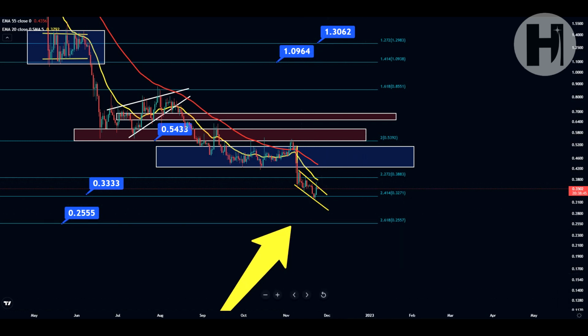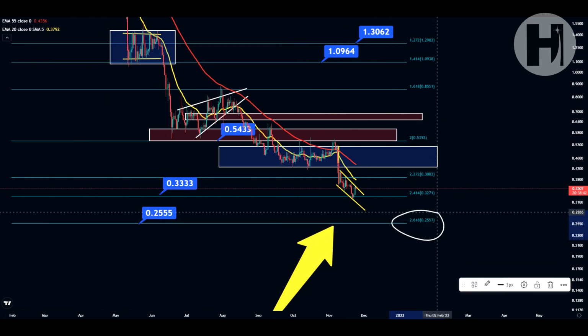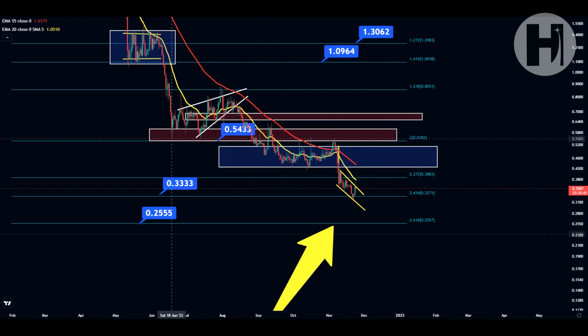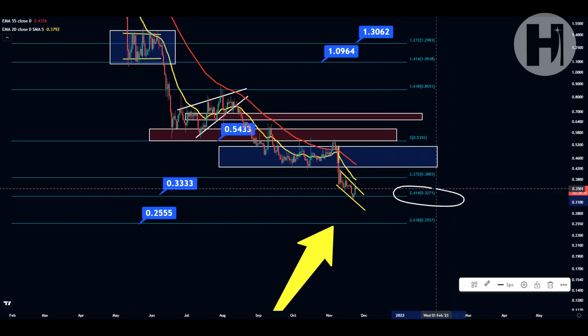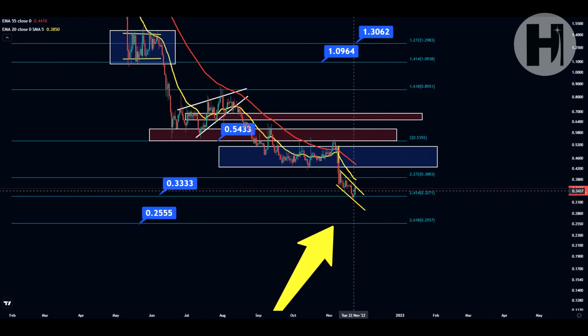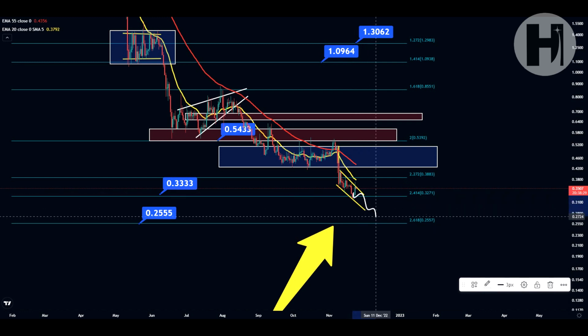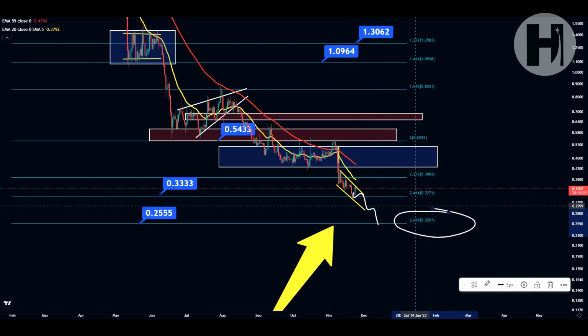Now, talking about support levels, you have the 2.618 Fibonacci level here at 25.5 cents, and that would be our next target if we start losing the 2.414 at 32, roughly 33 cents. And if that happens, like I said, potentially we're going to be coming back down and retesting this level.